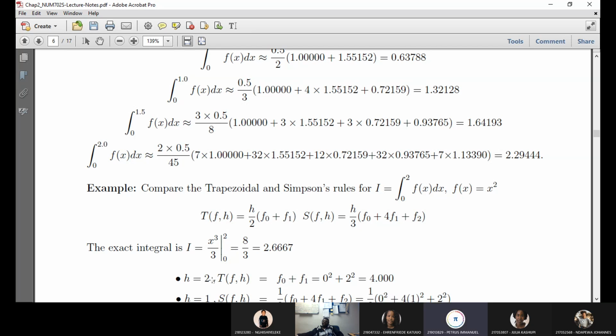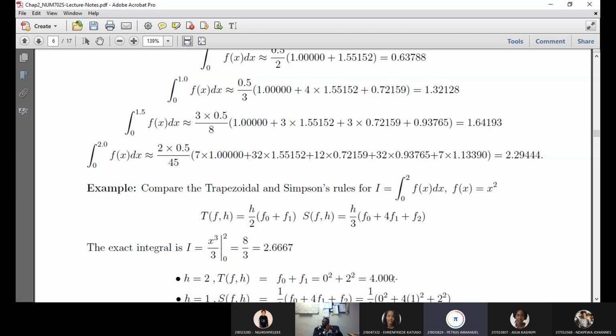So if you divide H by 2, it will be 2 by 2, which is 1. So our trapezoidal rule will give us 1 into F0 plus F1. F0 is 0 squared. x1 is 2, so F1 is 2 squared, which is 4. So you can see that if you use the trapezoidal rule to evaluate this integral, we get exactly 4.